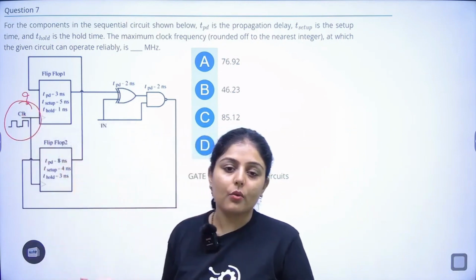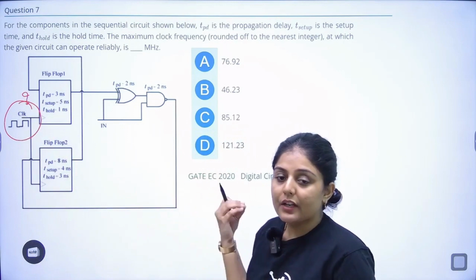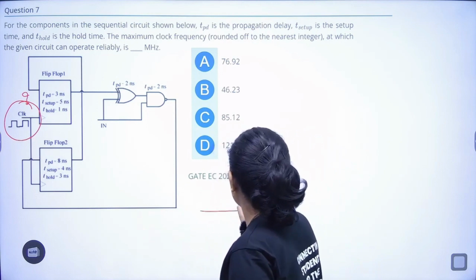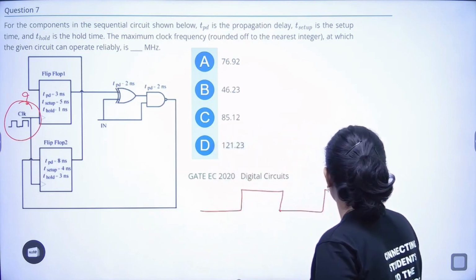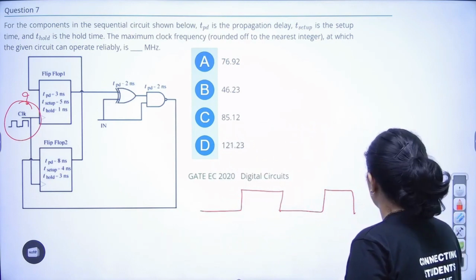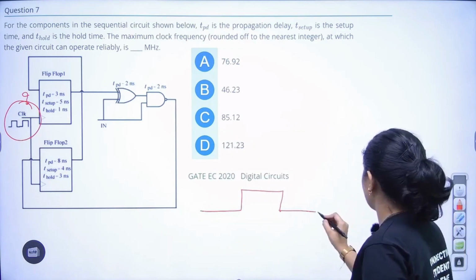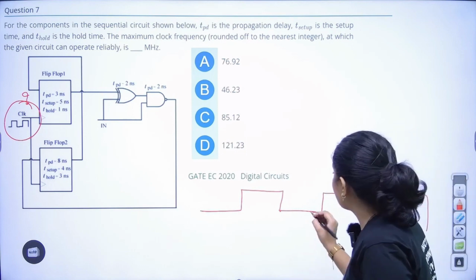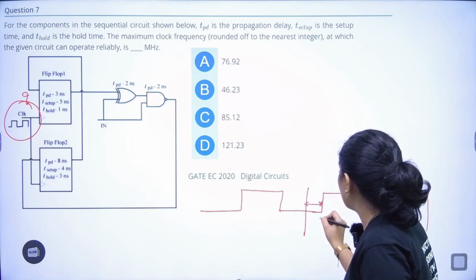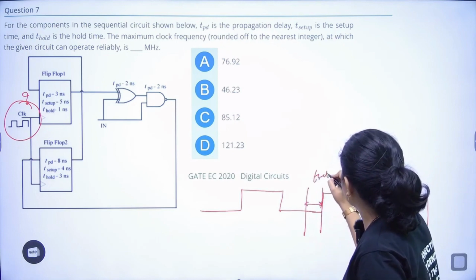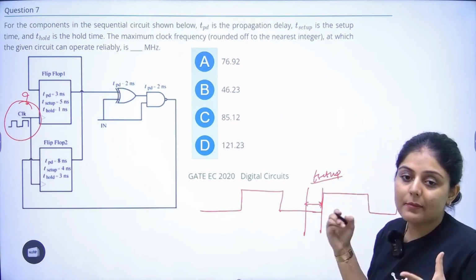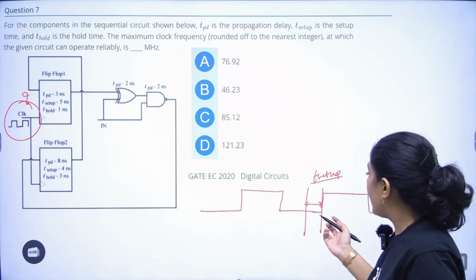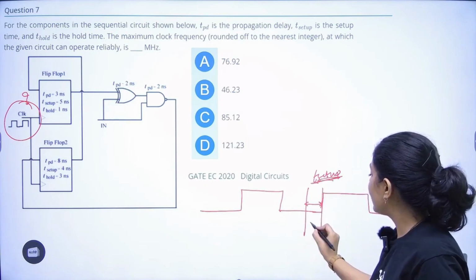Propagation delay, we all know, is the time taken to give the output whenever the input is received. Suppose this is the clock. I'm just letting you know what setup and hold time are. Setup time is the time needed when the clock is low in order to stabilize the output, when the clock is active low.